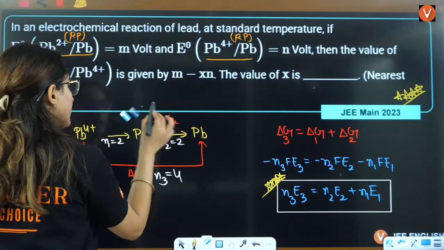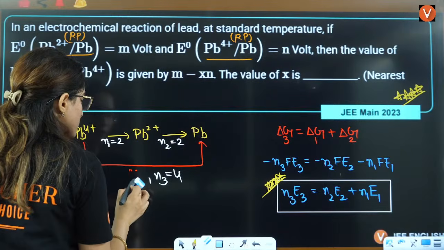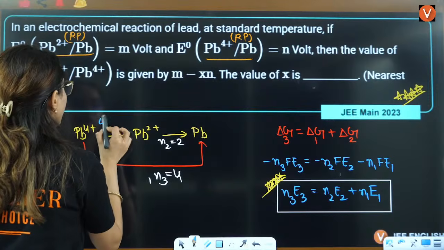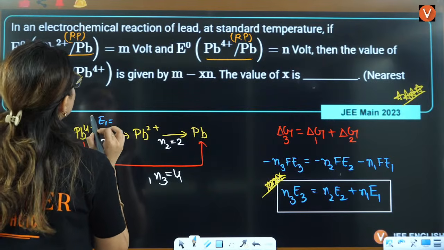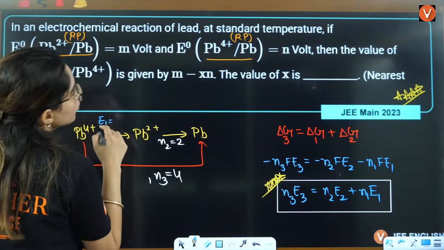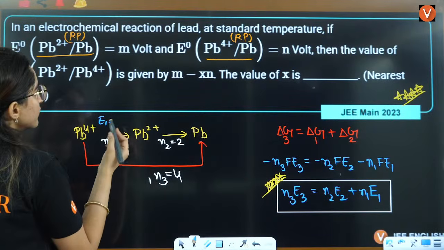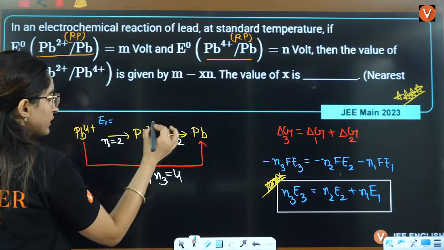Let's see what the values of E1, E2, E3 are. The value of E1 is for 4 to 2; they have not given it, so I'll take it as E1 only.